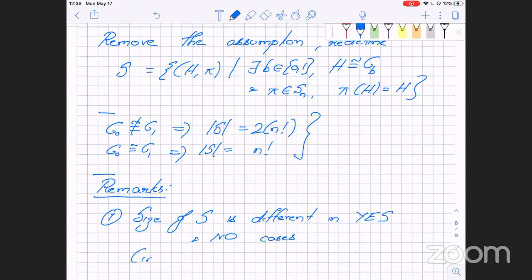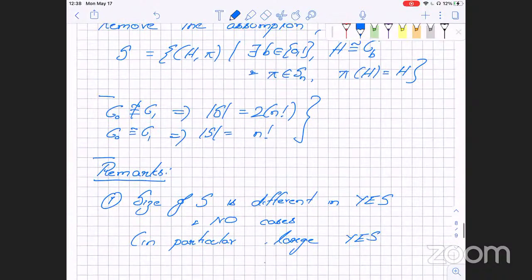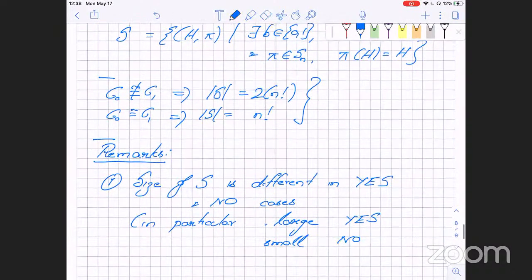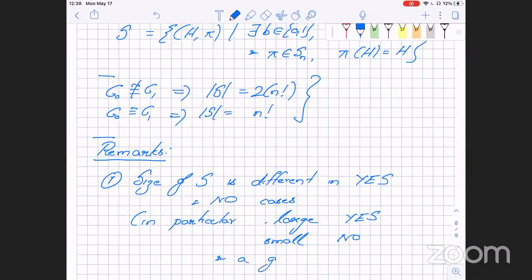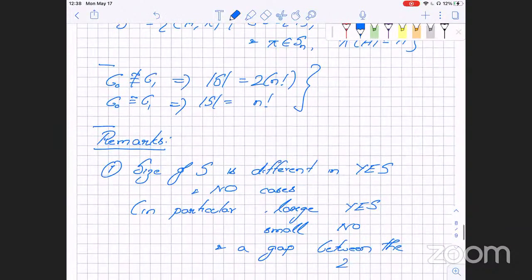In particular, it is large in the yes case and small in the no case, and there's a gap between the yes and no. It's not greater than k and less than k, there's actually a gap between the two cases. That's all I want you to take from this.